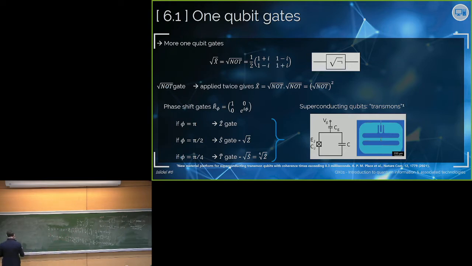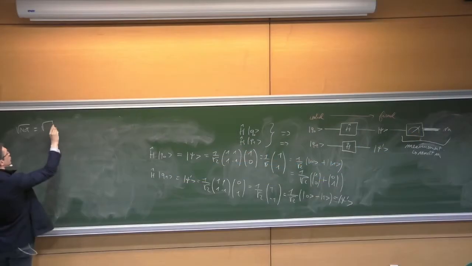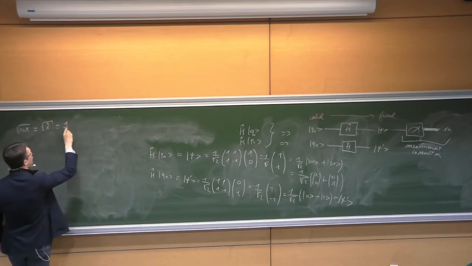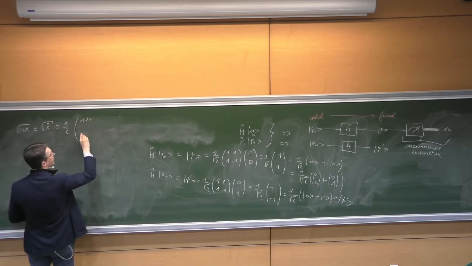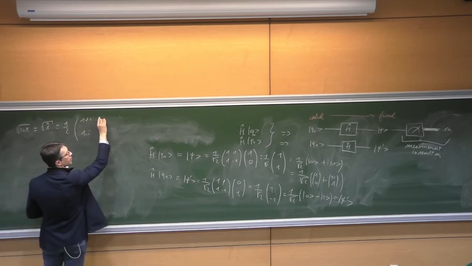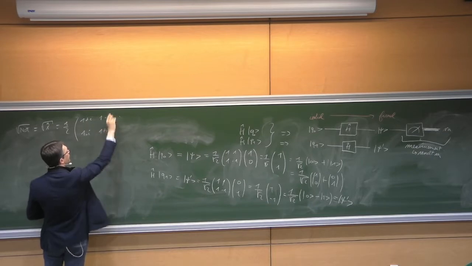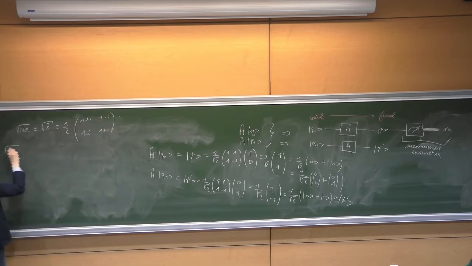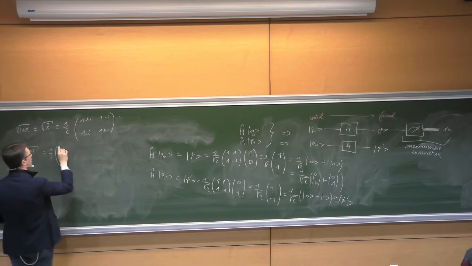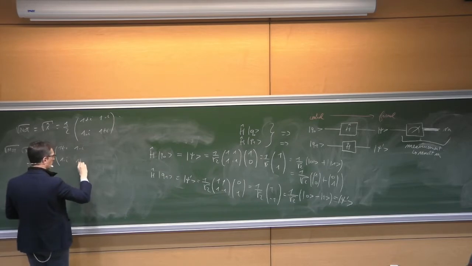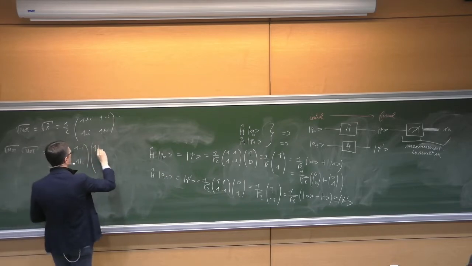So I just want to show you that the square root of NOT, so the square root of X, the definition is 1/2, and then 1 plus i, 1 minus i, 1 minus i, 1 plus i. And so if I apply it twice, so I multiply them together, I've got 1/2, so 1 plus i, 1 minus i, 1 minus i, 1 plus i, times the same thing.